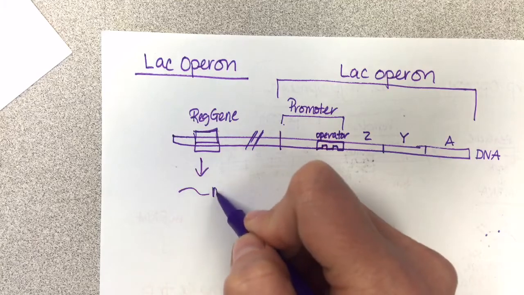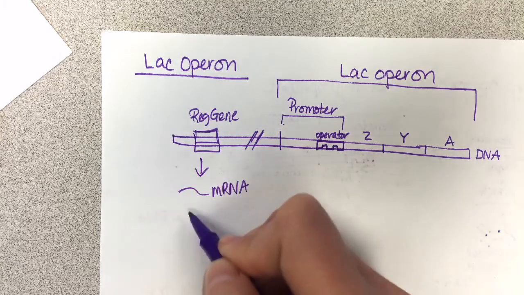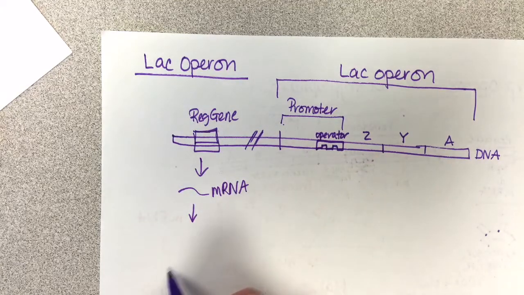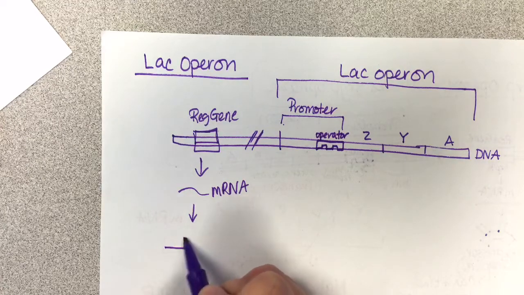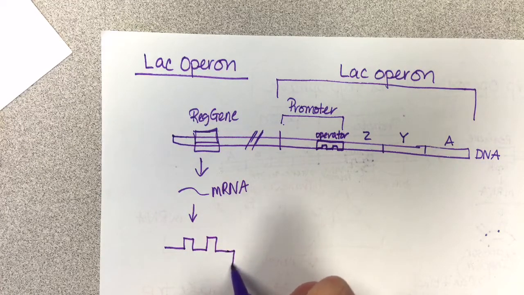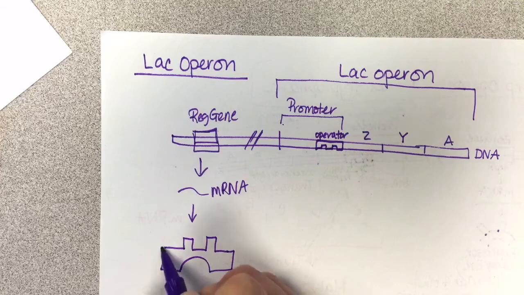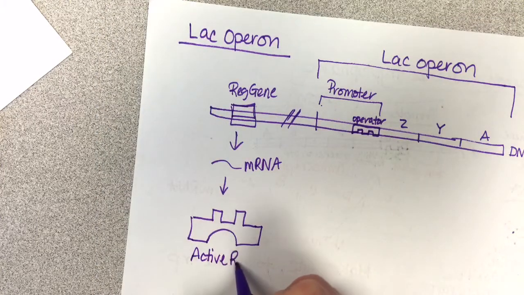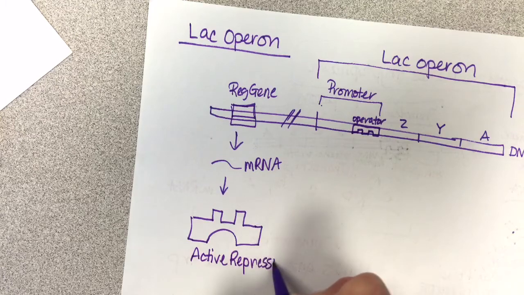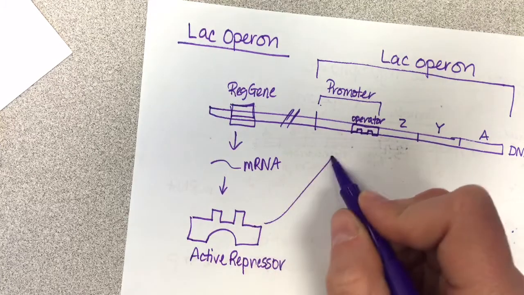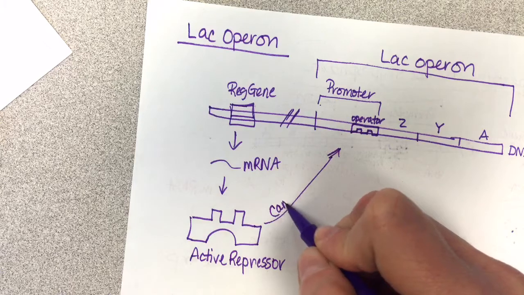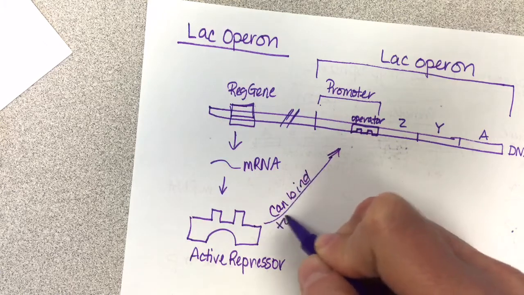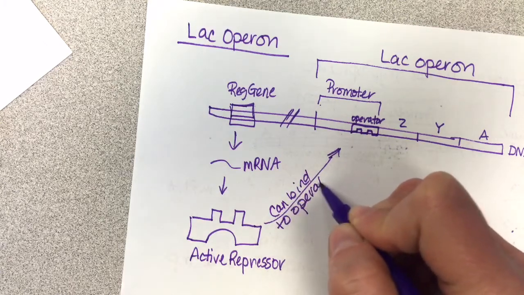So it makes mRNA, but that makes a repressor. But in this case here, the repressor is made in the active form. What does that mean? If it's made in the active form, guess what? It can bind to the operator.